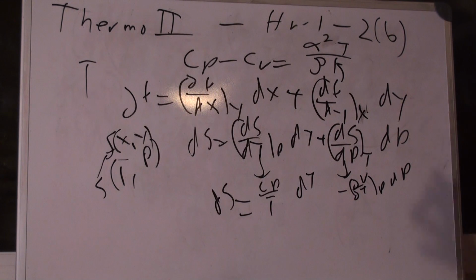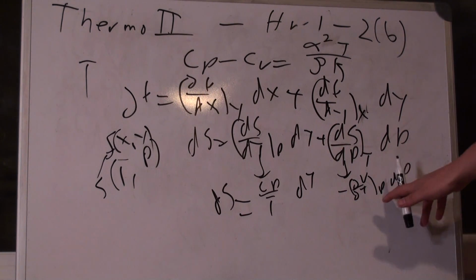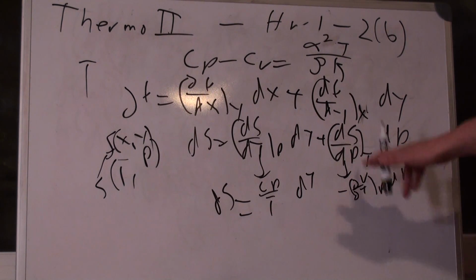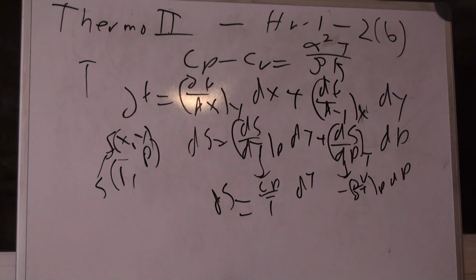Which one is it going to be? Is it isothermal? Is T constant? No, it's not. So it's not isothermal compressibility. That means it has to be the thermal expansion coefficient, the alpha. But it's supposed to be squared, so I don't even have enough yet.